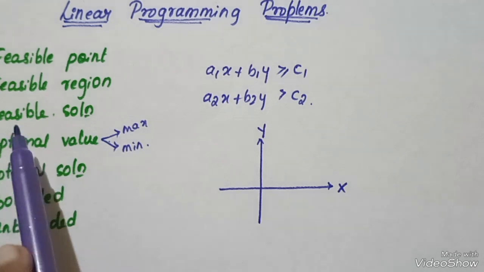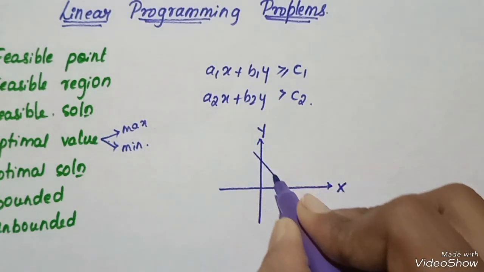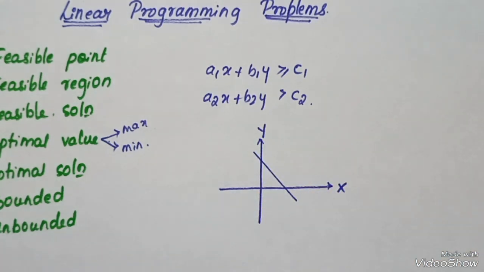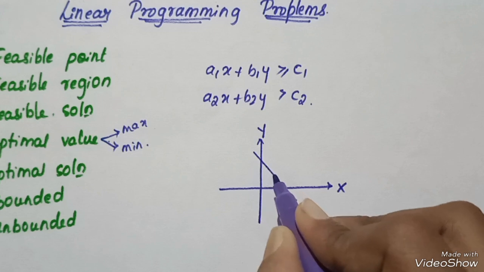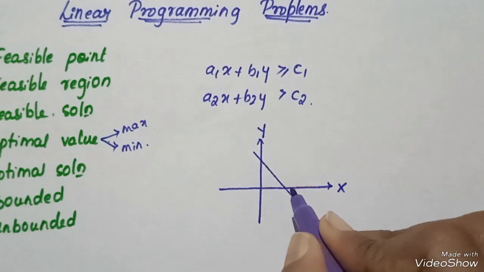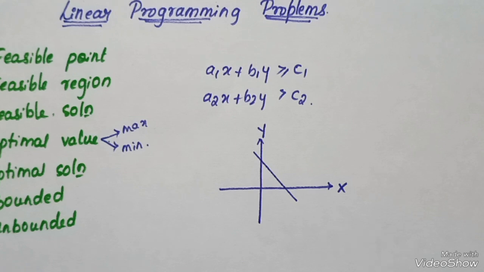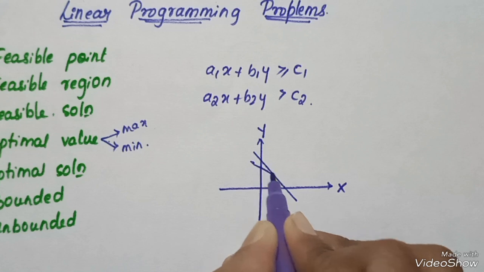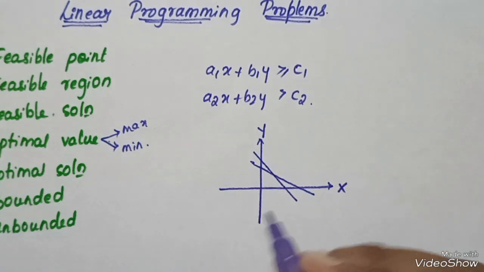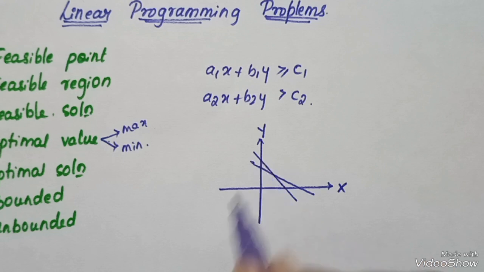Then the feasible point: when we draw a graph on the x and y plane, the points present on the line are called feasible points. Feasible region means the common region between the two lines.